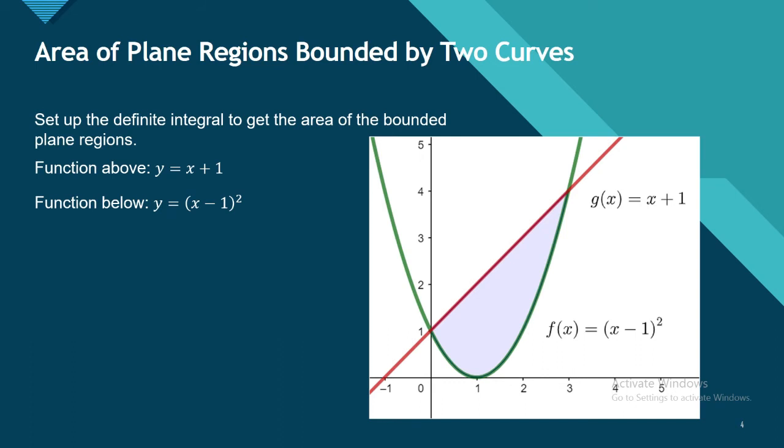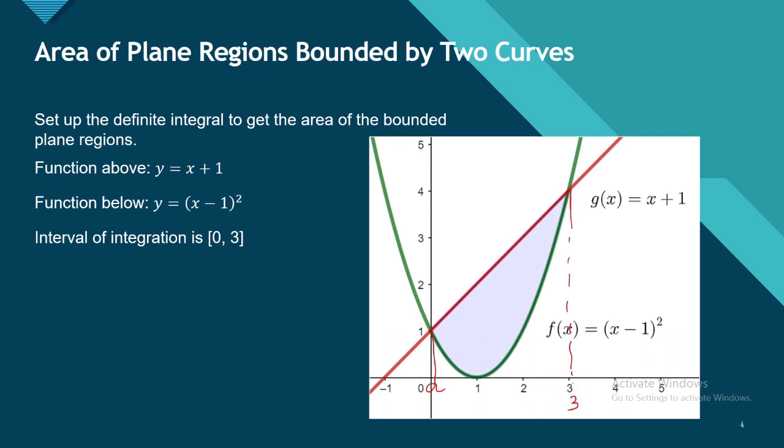When you set up the integral, you locate the limits of integration. In this case, by inspection, it's quite obvious that the interval of integration is going to be from 0, this is your a, to b, and b here happens to be 3.